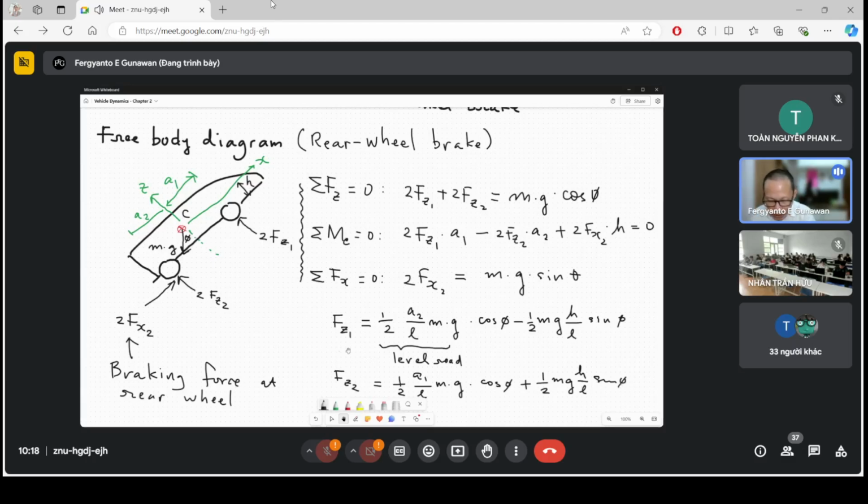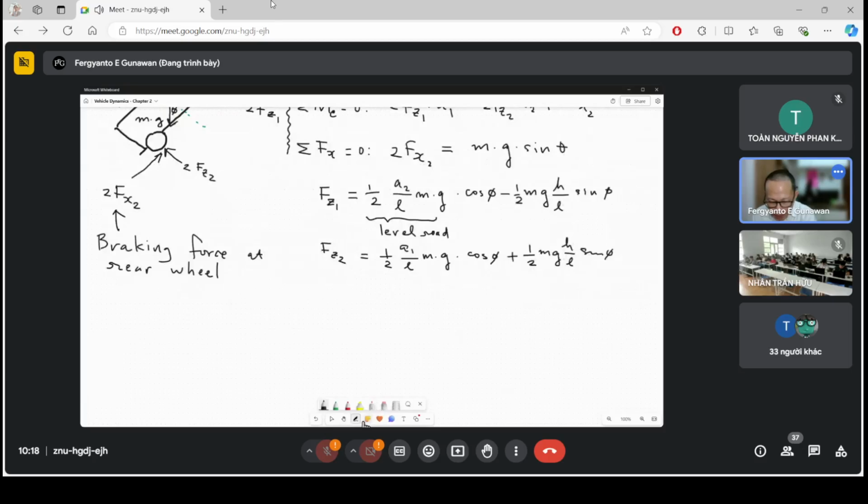So this is what we get. And one more force which is very important is Fx2 equal to half of m g sine phi.